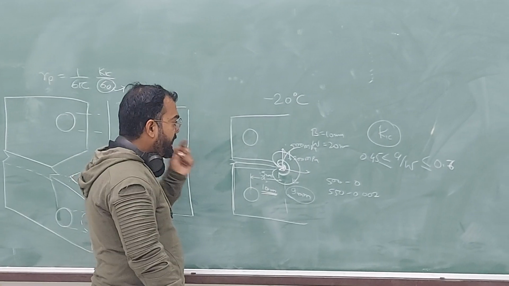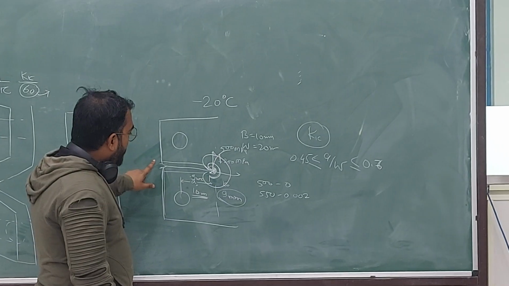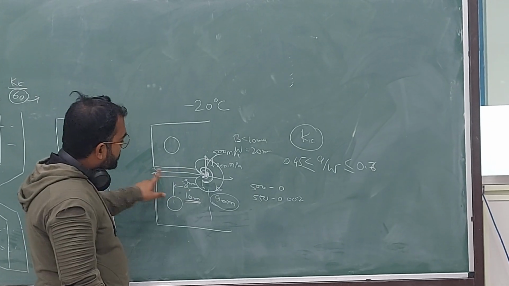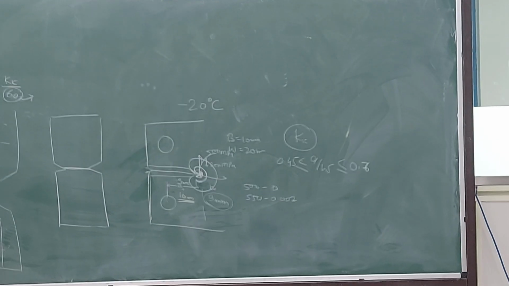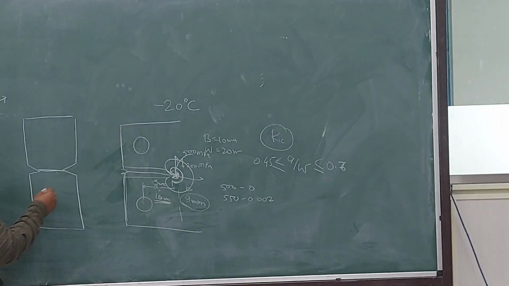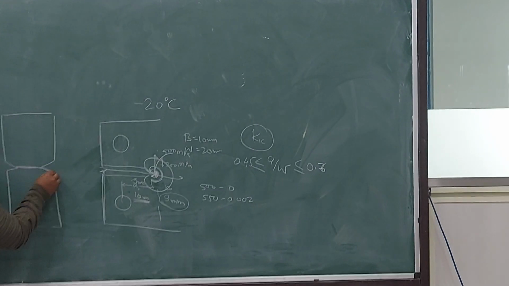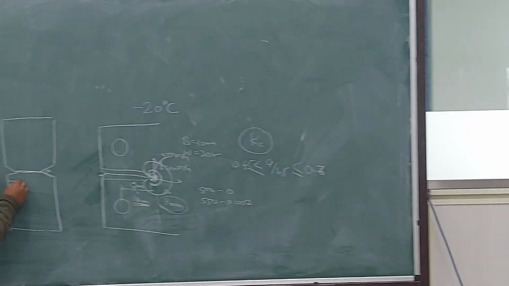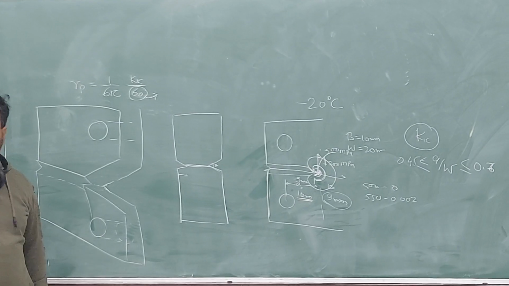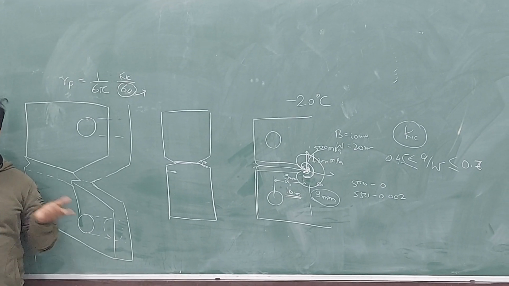So we made this fatigue pre-crack, and then we make this groove on the sides. We remove the material from the side, and there is some geometry to this. You have to maintain a certain angle here, and a certain distance, which should not be larger than 5% of the total thickness.